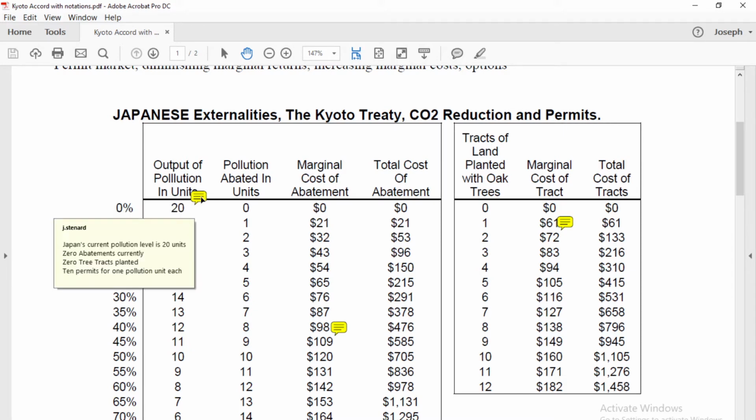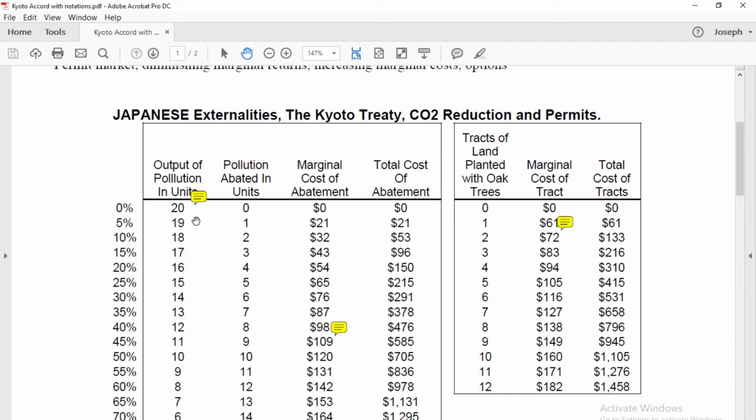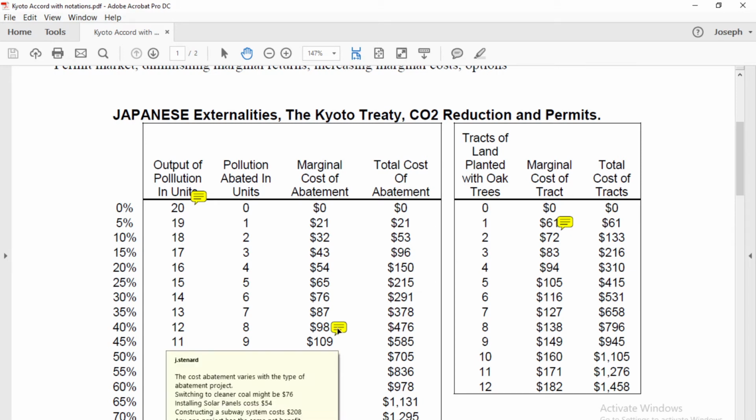So the little note here says that their current pollution level is 20, but they have the ability to lower their pollution level. They could lower their pollution to 17 or to 15 or to 10 even, right? But if they were to lower their pollution output, it would mean that they'd be spending money to do an abatement. And each abatement is more expensive than the next abatement, right? So the cost of abatement varies with the type of abatement project.